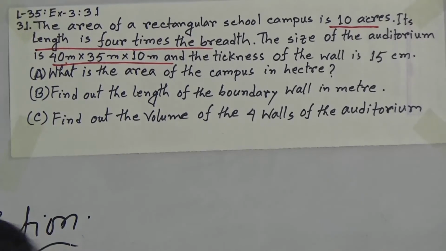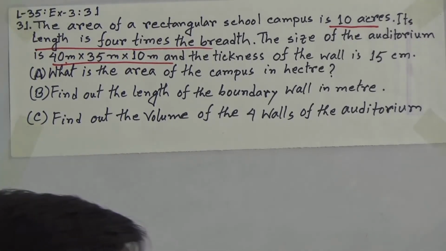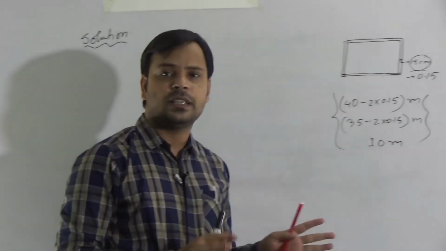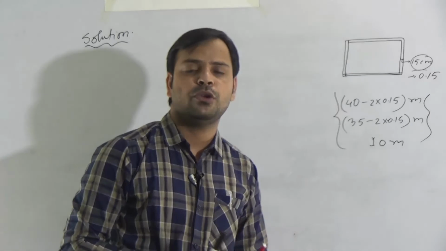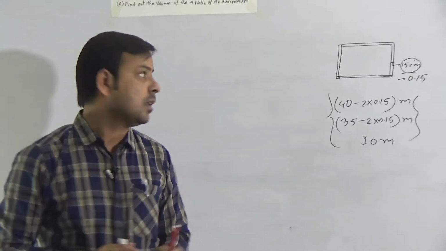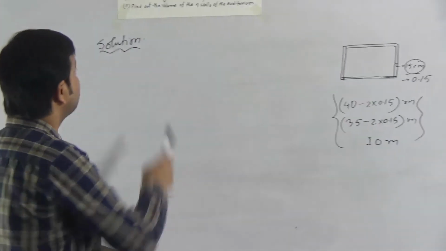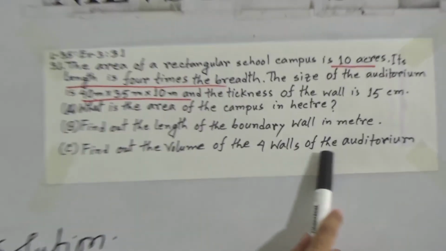If we subtract the volume excluding the wall from the volume including the wall of the auditorium, we will get the volume of the wall. What we need to find? We need to find the volume of the 4 walls of the auditorium.